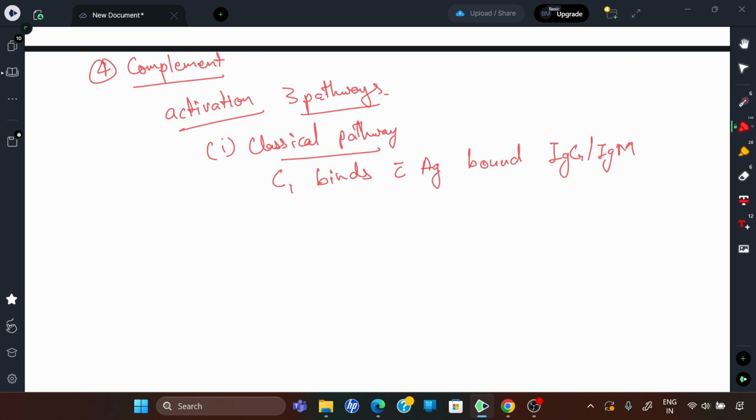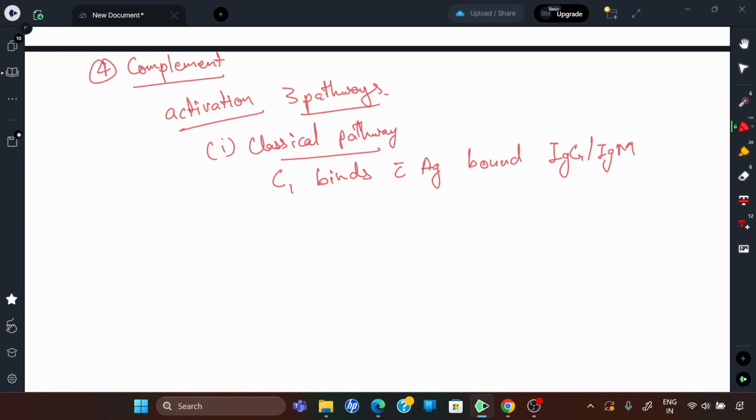IgM is a pentameric form, so it helps in responding to a major amount of pathogen present there. And IgG is the smallest immunoglobulin, so it is produced in quite high amounts, due to which again it helps in countering the pathogen in a better manner.